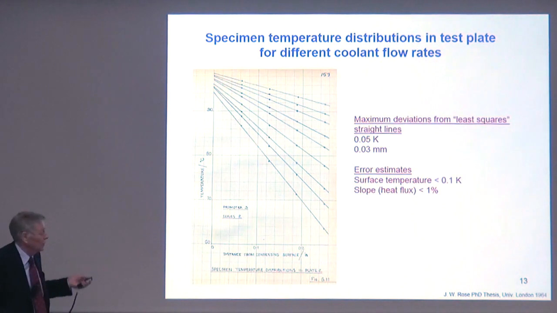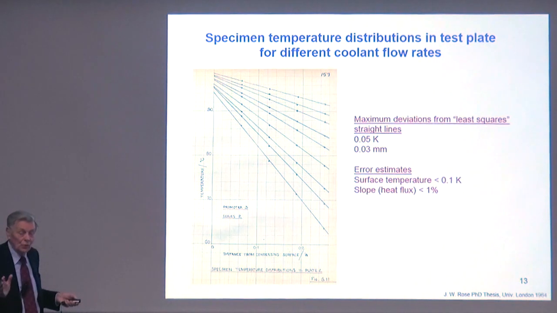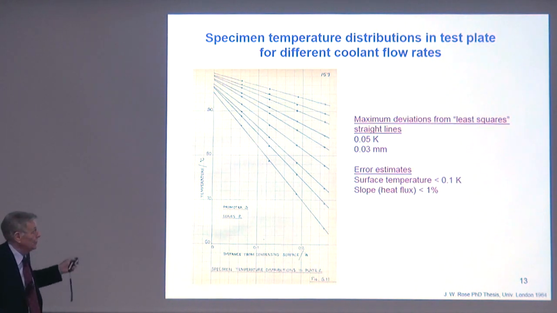And this, another picture from my thesis. These are different cooling water flow rates, different heat fluxes. This is temperature against distance from the surface. As the cooling water flow rate went up, the heat flux went up, and these lines are steeper. This is a copper plate.